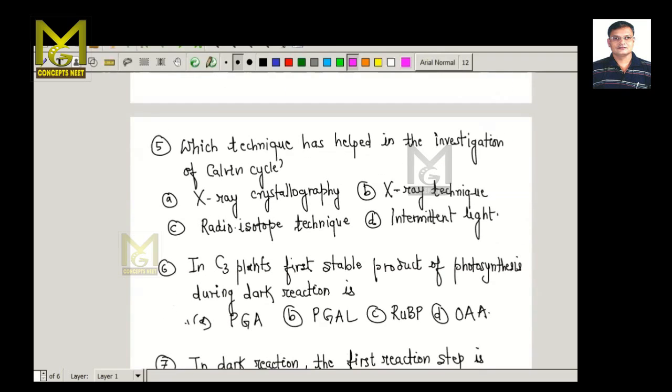Which technique has helped in the investigation of the Calvin cycle? As I told you in the previous case, they used these algae, and these algae were radioactivated. They used radioisotopes, such as carbon 14, and tracked the path of this radioisotope.